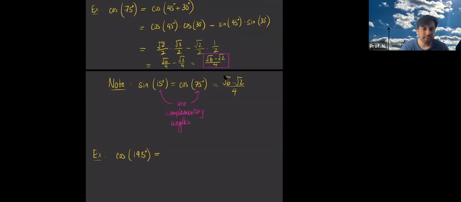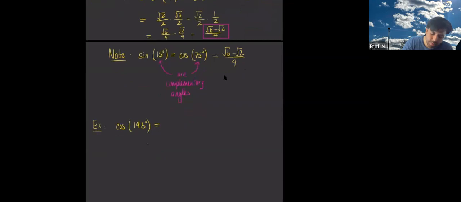So for this, you have to think about the following. You have to think about the angles. So think about 30 degrees, 45 degrees, 60 degrees, 90 degrees. And then you have to look at the multiples.